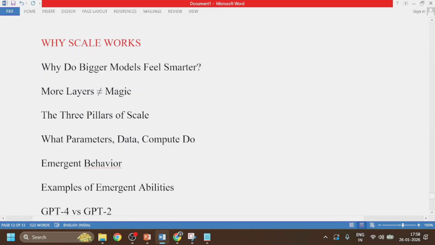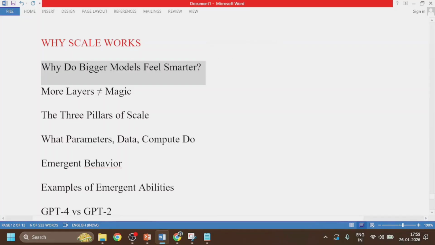Large language models feel more intelligent, but not because of magic. They feel better because of the scale.